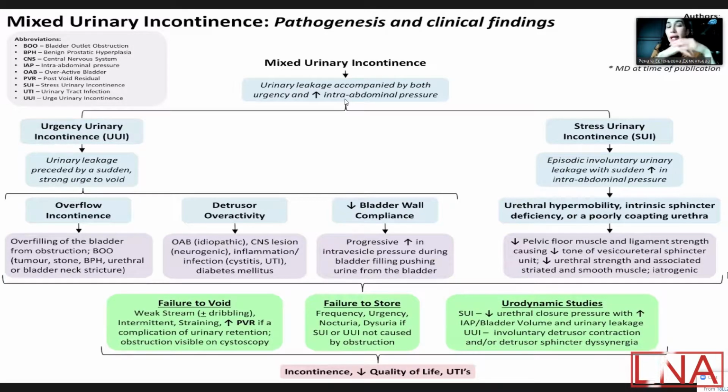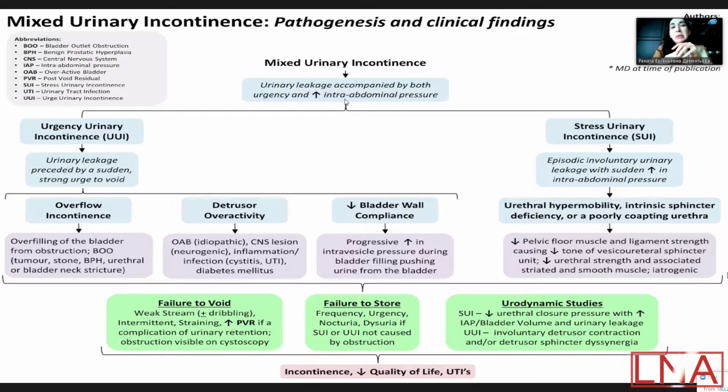From another side, the pathogenesis of stress urinary incontinence. As a sign, it's episodic involuntary urinary leakage with a sudden increase in intra-abdominal pressure, which leads to urethral hypermobility, intrinsic sphincter deficiency, and or a poorly compliant urethra.